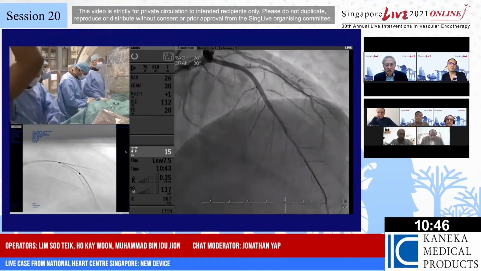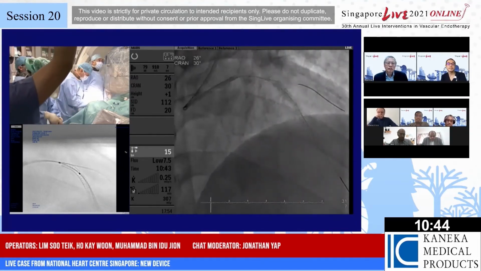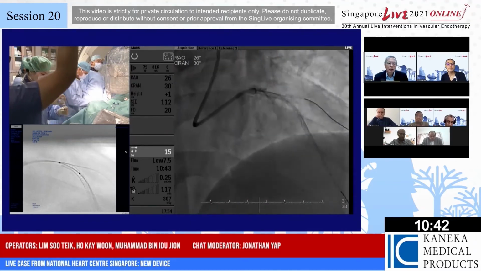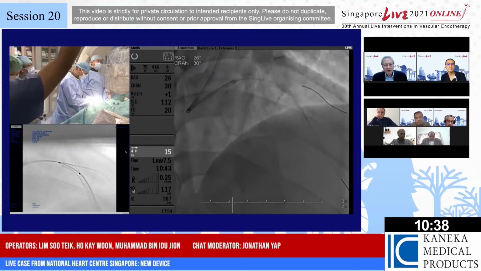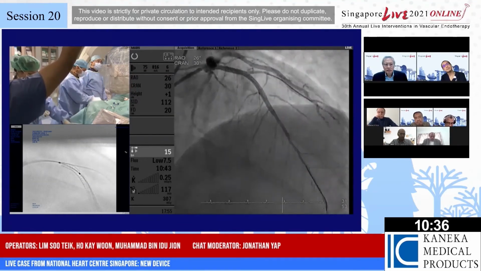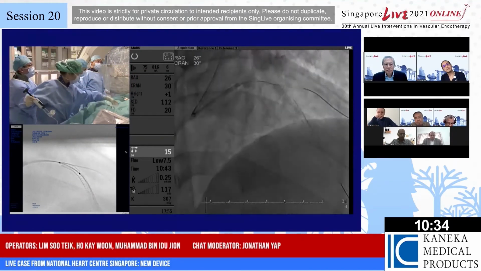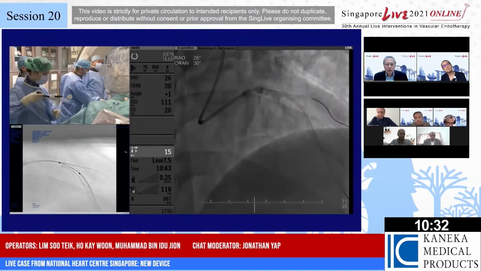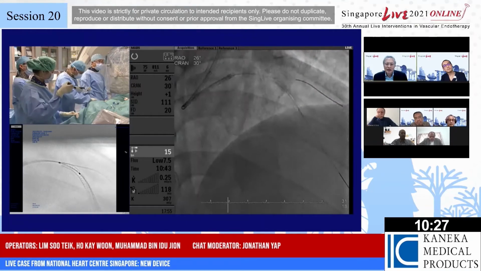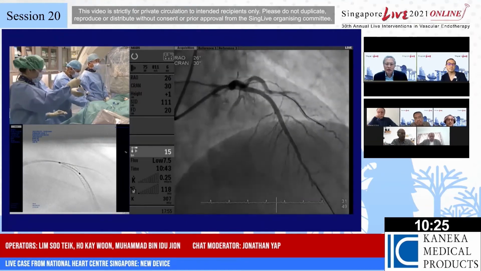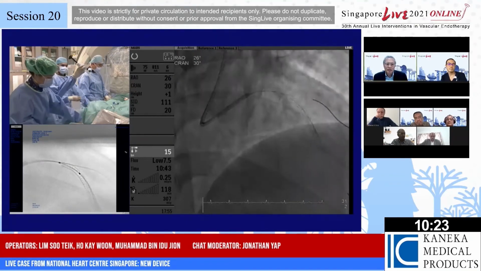So we are going to do the POT, and what pressure did you go up to? 16 for the trio. You think maybe any of the panel would consider doing the OCT first, and if it's well apposed, you may not need to go up further?